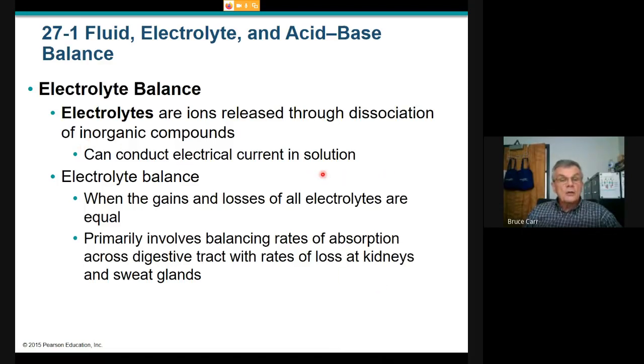So these electrolytes are solutions that can conduct electrical current. We basically are going to balance rates of gain from the digestive system, again, with rates of loss from the kidneys and sweat glands.